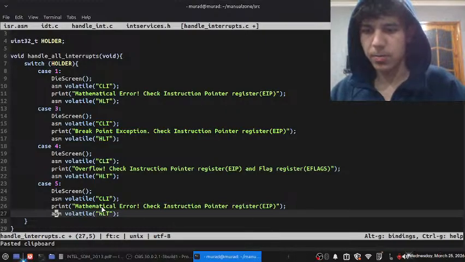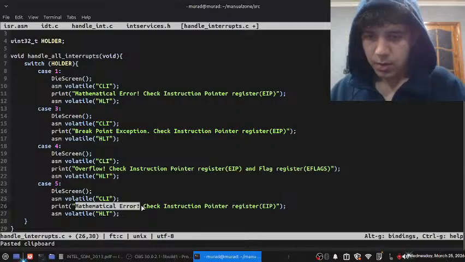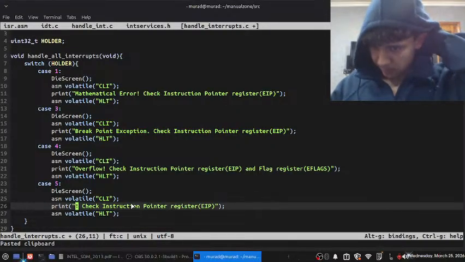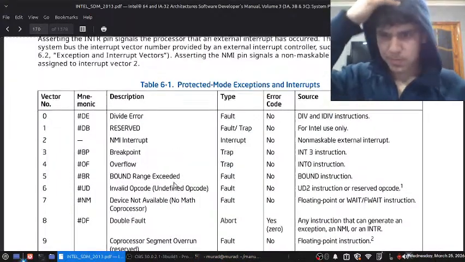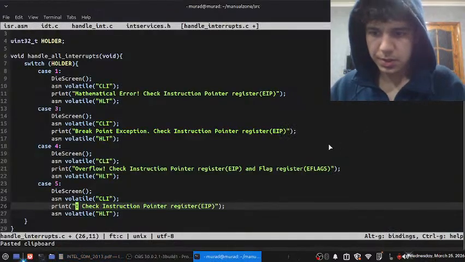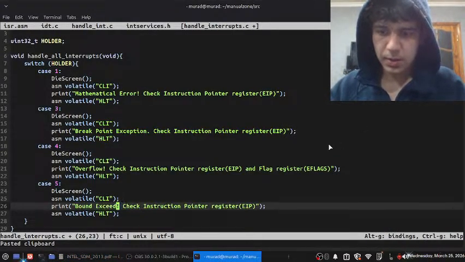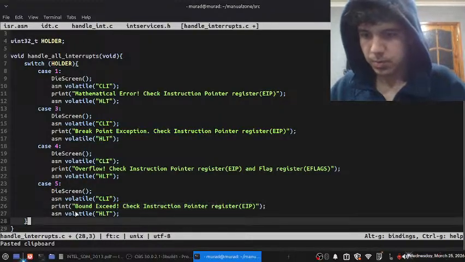They are all faster than if else. Bound exceed, check instruction pointer basically.